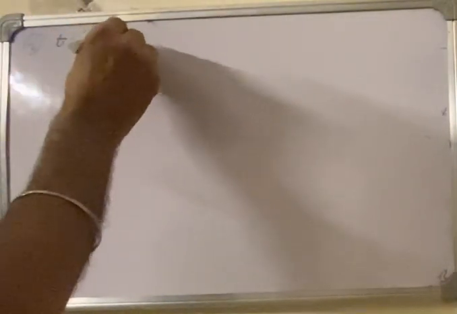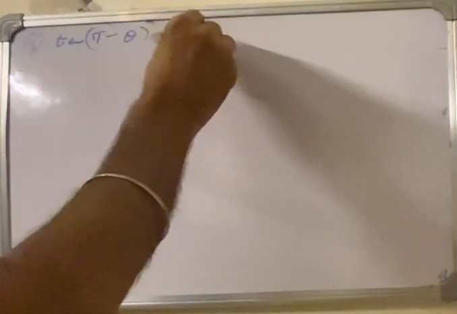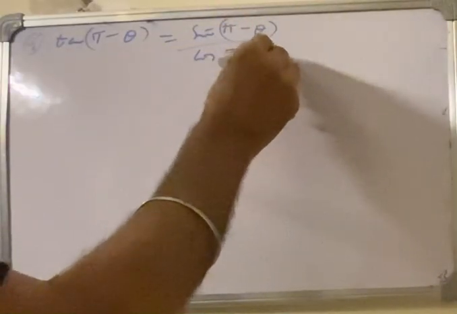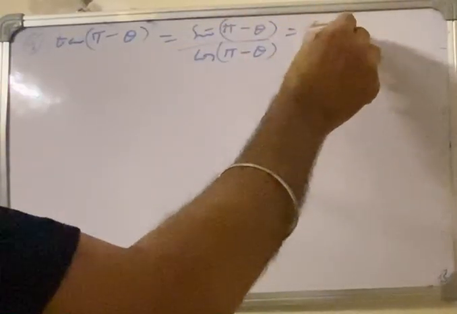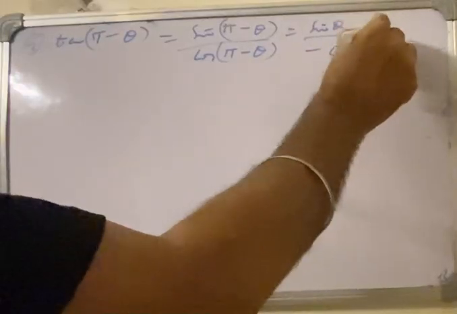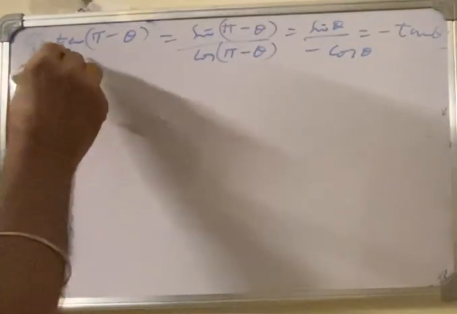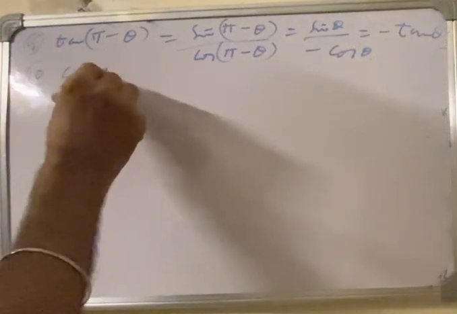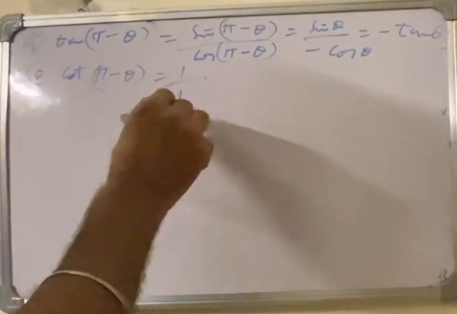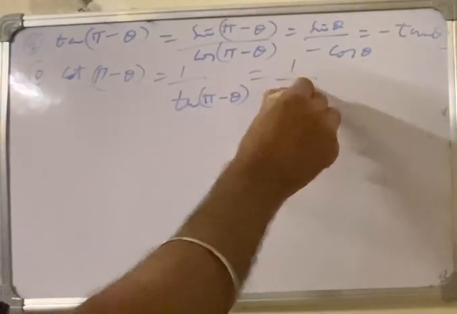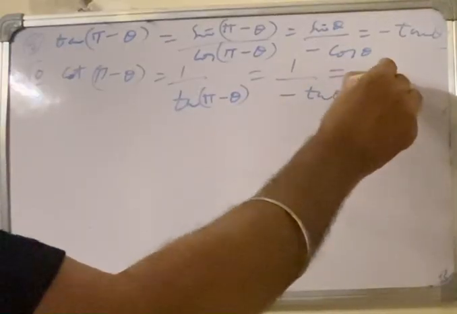Tan of pi minus theta is equal to sine of pi minus theta over cos of pi minus theta. This is sine theta over minus cos theta, which is minus tan theta. Then cot of pi minus theta is 1 over tan of pi minus theta, which is 1 over minus tan theta. This is minus cot theta.